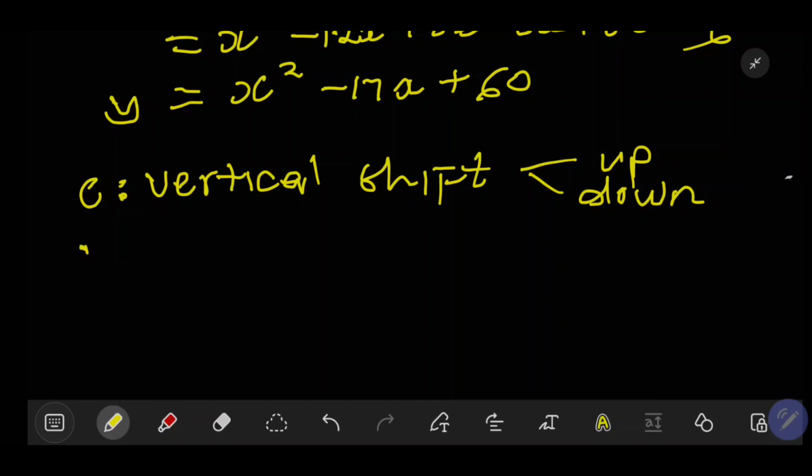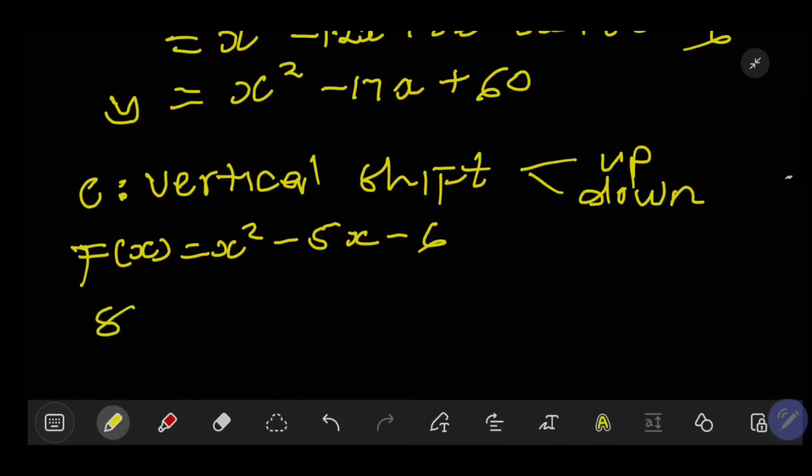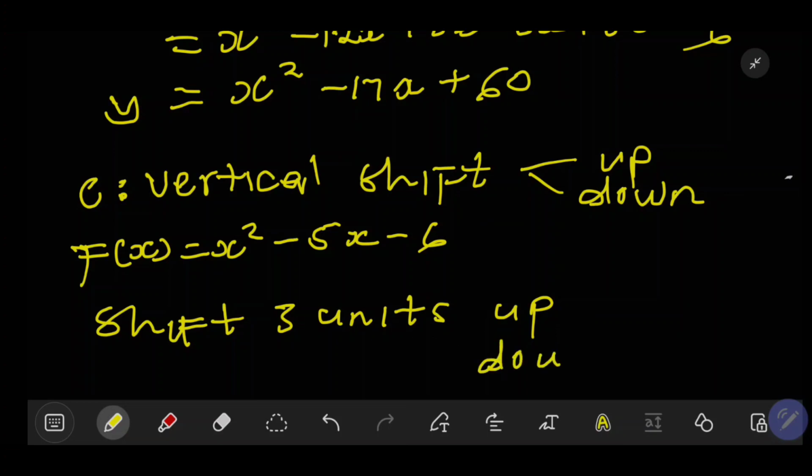So if you want to shift this function x squared minus 5x minus 6, maybe you want to shift this function 3 units up and also 3 units down.